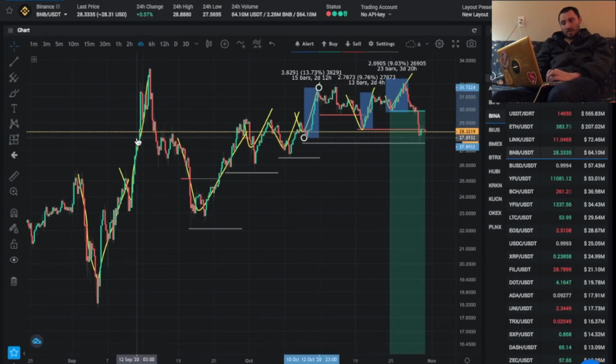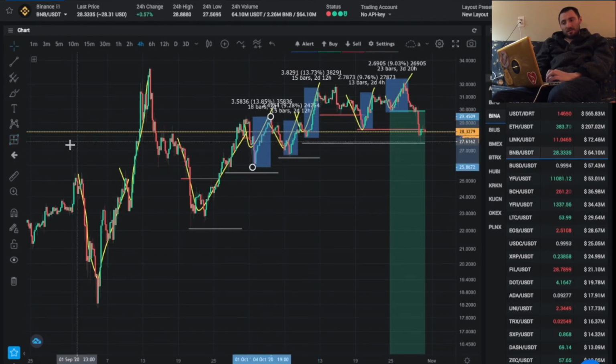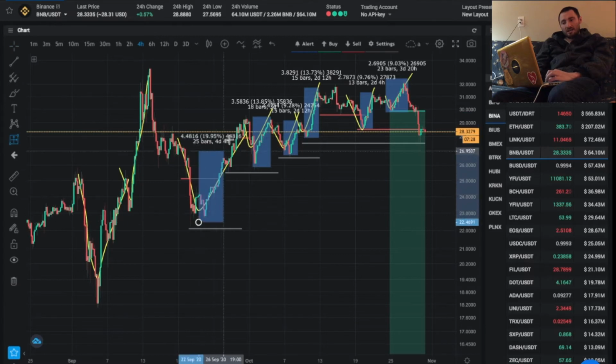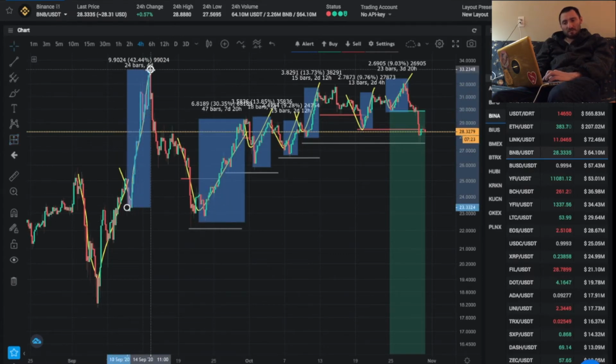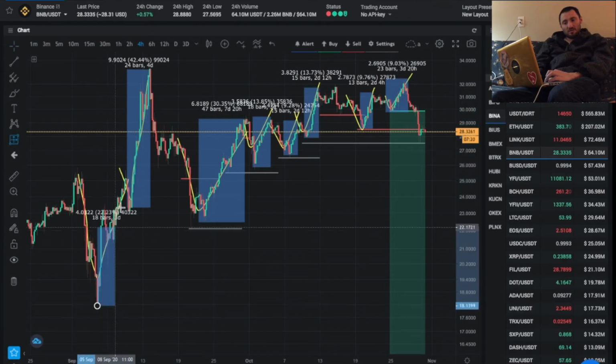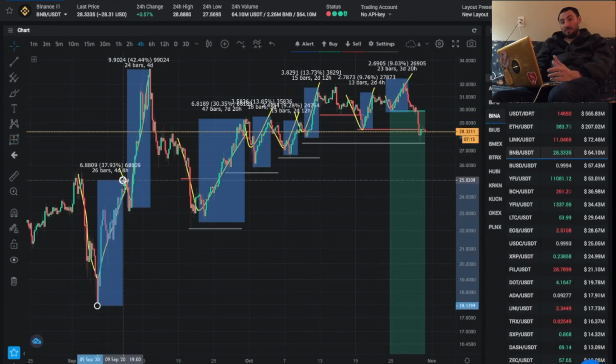Look at this, 13%. We know what we're looking for. You can't see this and not realize that the 30% bounce is the average bounce for this pair. Because within 2 months of price action, it's very evident that 30% is the bounce.